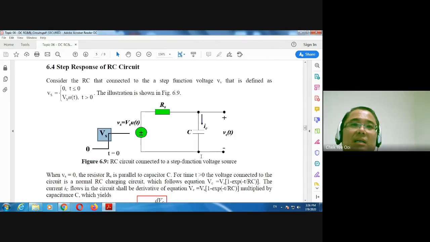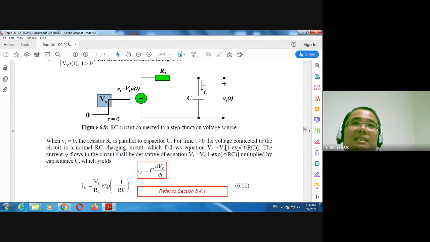the capacitor. So the capacitor current will be ic equal to C dVc/dt, where Vc is the capacitor voltage and C is the capacitor value. This is the capacitor current. Then Vc will be equal to this equation.